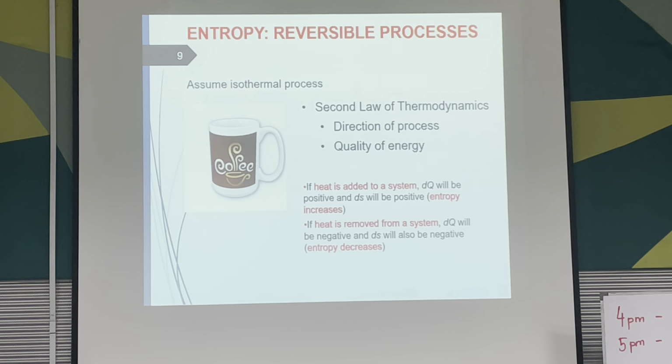Because if we follow what you learned in the second law, heat out is negative, heat in is positive, right? So this will actually be Q over T. This value can never be negative because we are using absolute temperature. But this value here is a positive case.